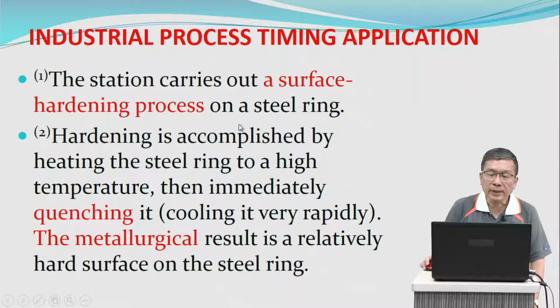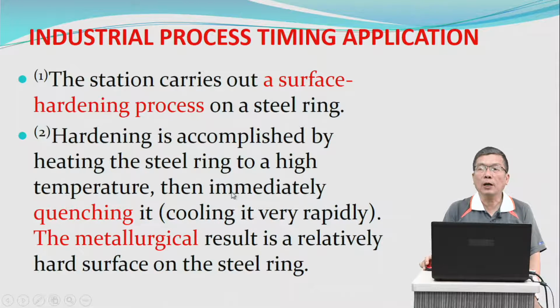The station carries out a surface hardening process on a steel ring. Hardening is accomplished by heating the steel ring to a high temperature and then immediately quenching it, cooling it very rapidly. The metallurgical result is a relatively hard surface on the steel ring.